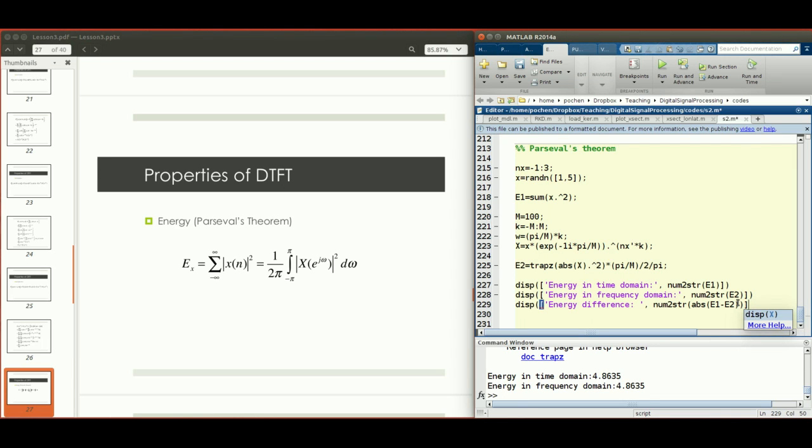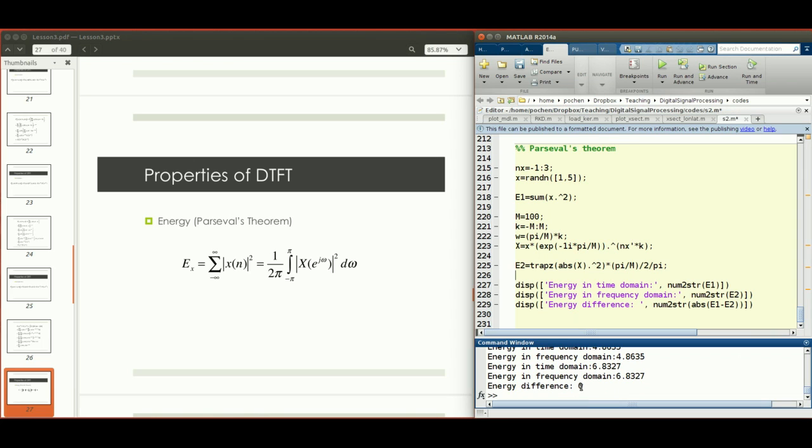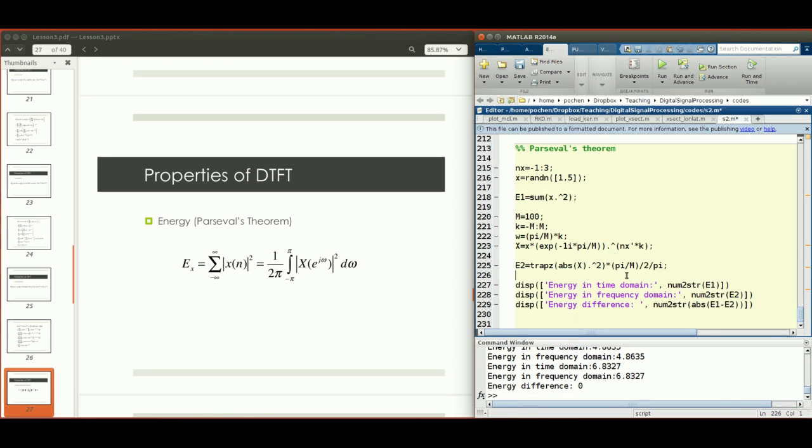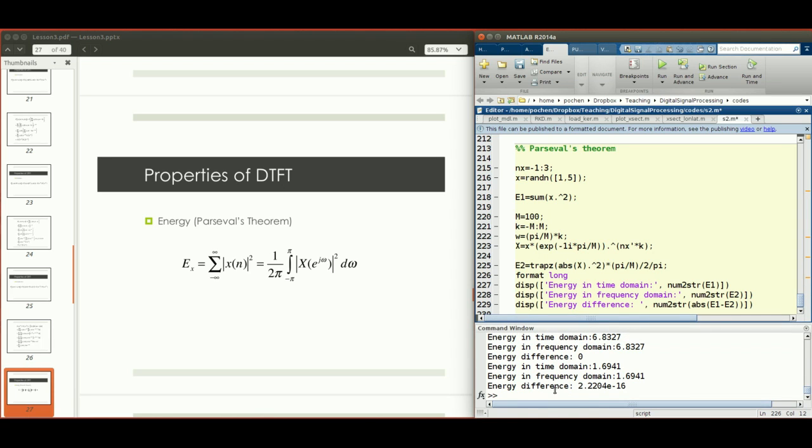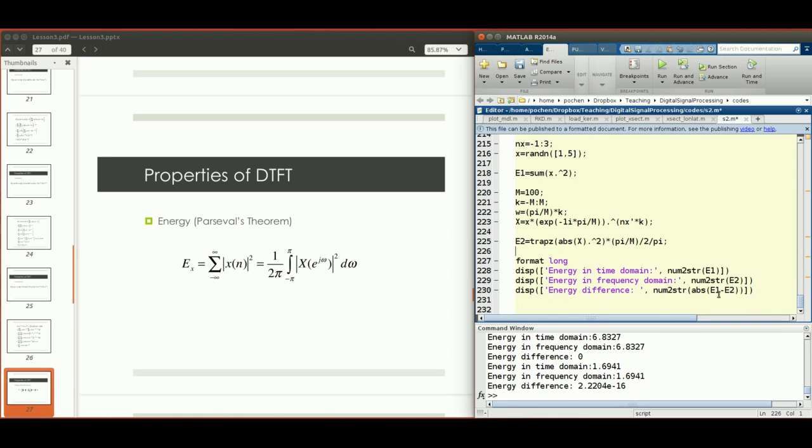The energy difference is 0. So maybe if I want to format long, it's going to print out more of the digits. So the energy difference is 2.22 e to the minus 16th power. That means it's actually quite accurate. The difference between these two is very, very small.